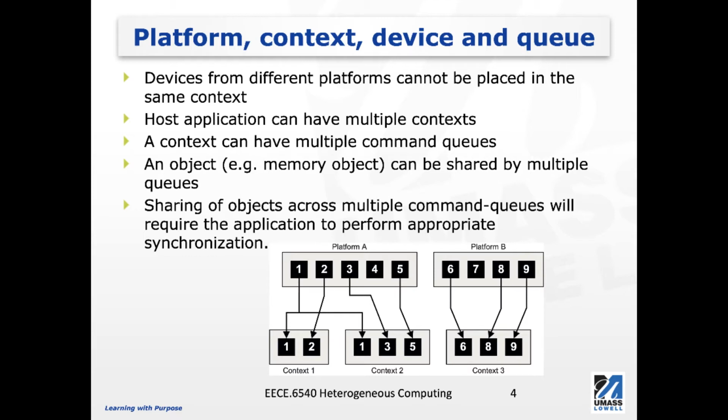On these OpenCL devices, we can use objects, and oftentimes memory objects, and these objects can be shared by multiple queues. So you can have a memory object in a global memory, and you can have multiple queues that are going to access the memory object through different devices. By devices, we refer to the compute units and also the processing elements within the compute unit. So it may happen that on one physical platform, for a vendor's OpenCL platform, you may have a global memory that is shared by multiple compute units.